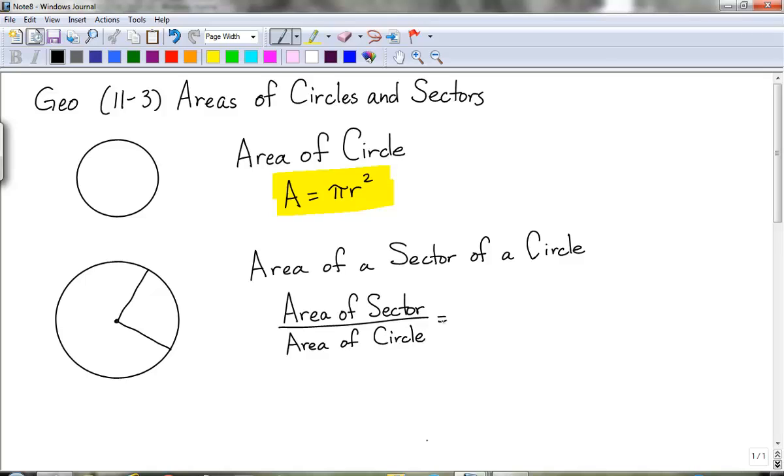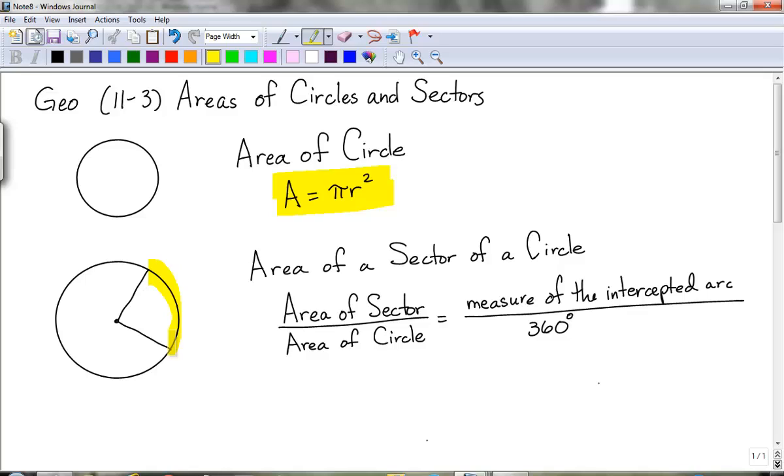So it's just the area of this part, the area of the sector, divided by the area of the whole thing, equals the measure of the intercepted arc divided by the whole circle, which would be 360 degrees. The intercepted arc would be this part right here, that in degrees divided by the whole thing.